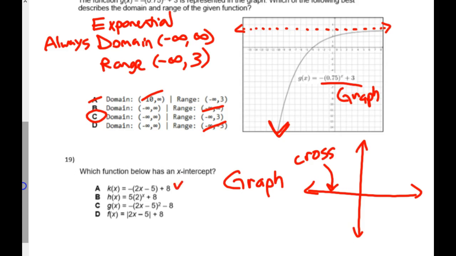A positive exponential function shifted up, nope. A negative quadratic shifted down, nope. A positive absolute value shifted up, nope. There's only one that crosses the x-axis, and linear will always have an x and a y-intercept.